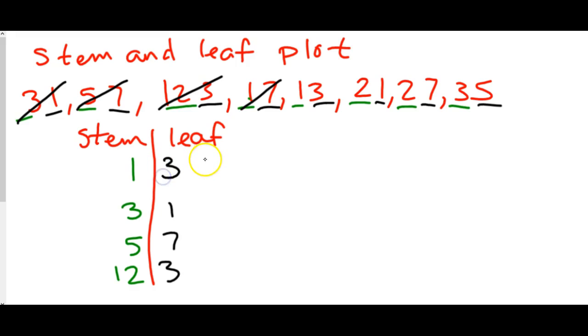So 13, 7, they usually put it in order. 21, 27, so I only have to write the 2 once, but then I can write the leaf of 1 and the leaf of 7. And 35, so we already have a 3, but we don't have the 5. So that's a different way to organize the data, and it helps put the data in order.